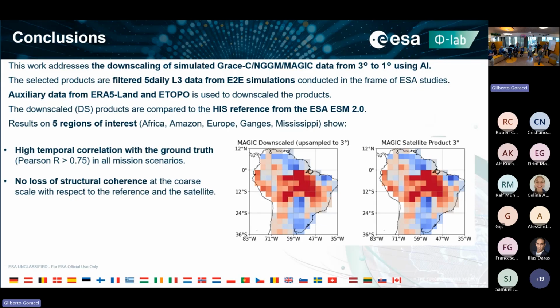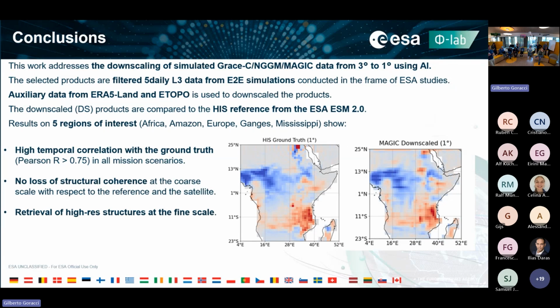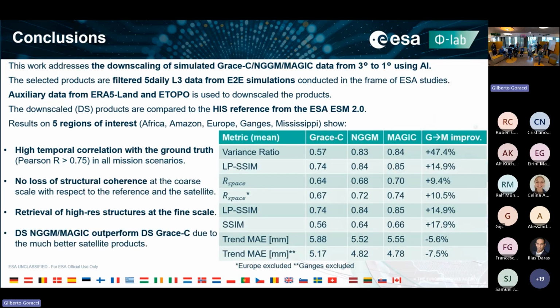We don't lose structural coherence at the coarse scale with respect to the reference and the satellite. As you can see from the picture, we have a downscaled product upsampled to 3 degrees, which is almost identical to the satellite product. But at the same time, we have the retrieval of some high-resolution structure at the fine scale, as you can see from this image of Africa.